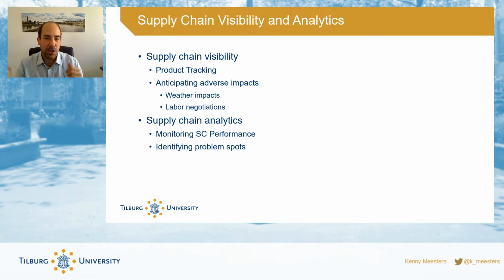If I know how dependent I am on one airport or supplier, I can use those analytics, those insights, to understand what the impact of a typhoon might be on my supply chain. So you can use it for forecasting and anticipation, and you can take measures by increasing your inventory levels or finding an alternate supplier.